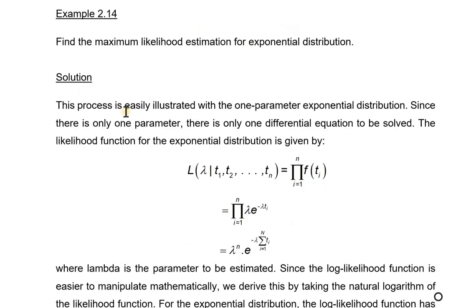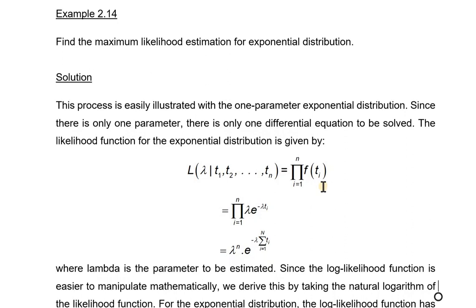Let's look at an example here for the MLE estimation for the exponential distribution. This is the case where we don't have censoring, the complete data case. For the first step, we have the product of the PDF function.